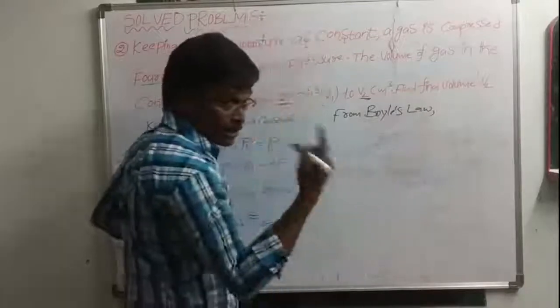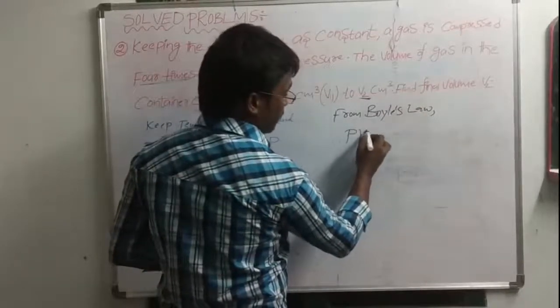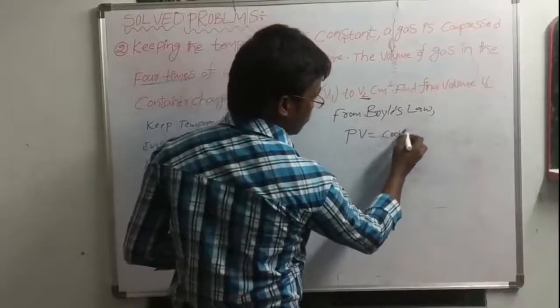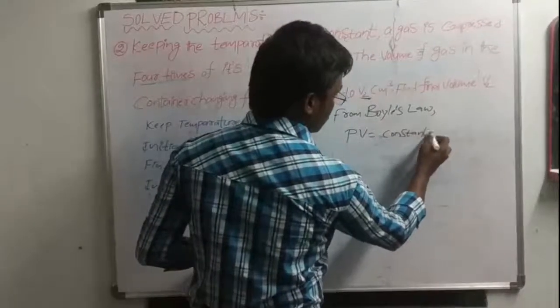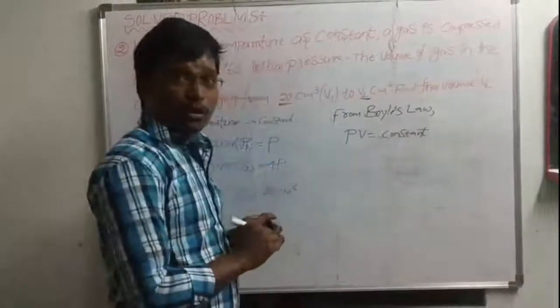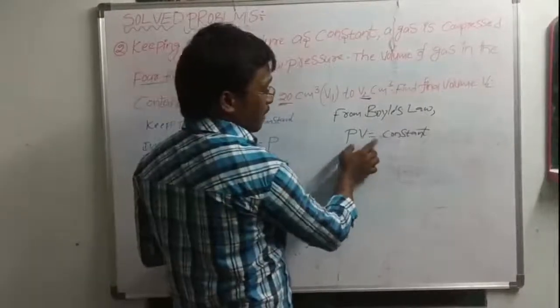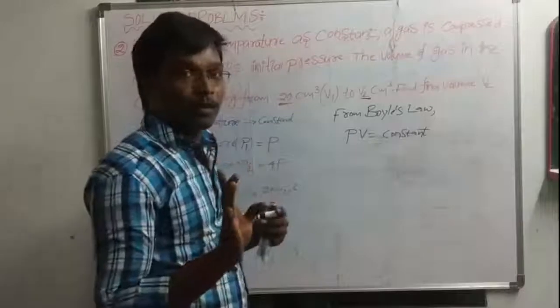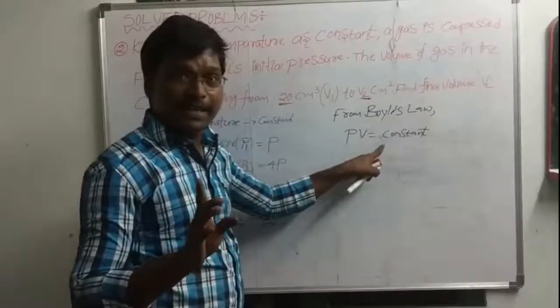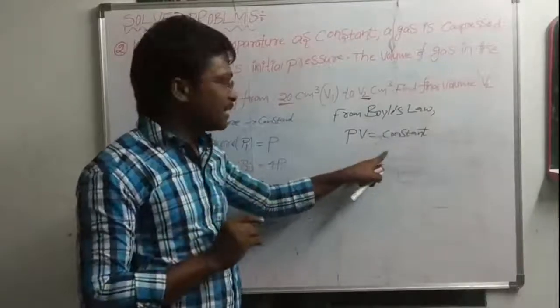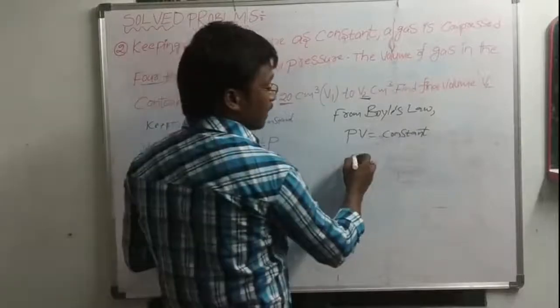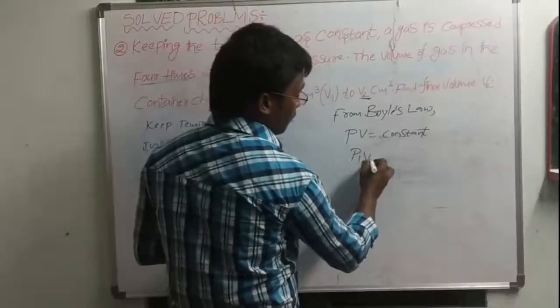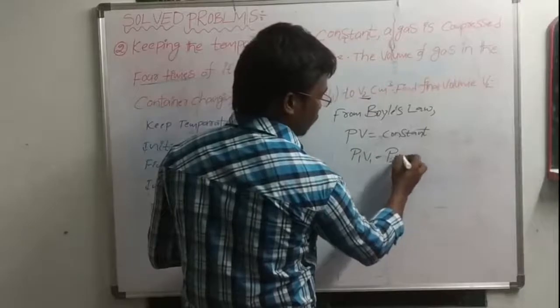What is Boyle's law expression? PV is equal to constant. We know that. So PV is equal to constant. P means pressure, V means volume. Whenever the condition is given like this, we have to write P1 V1 is equal to P2 V2.